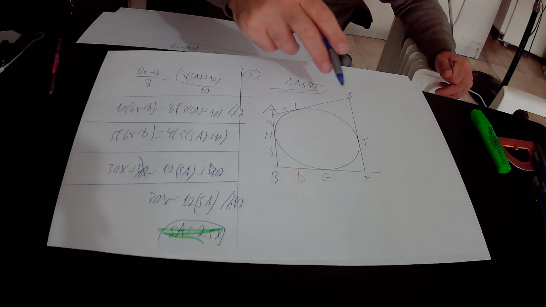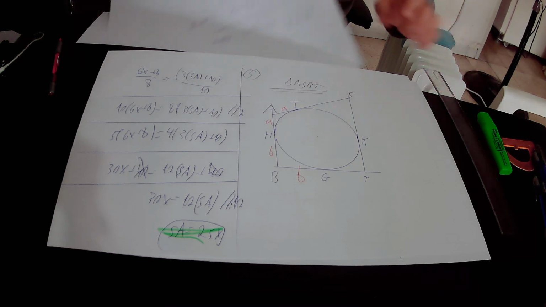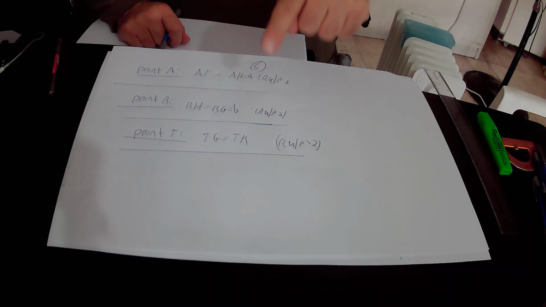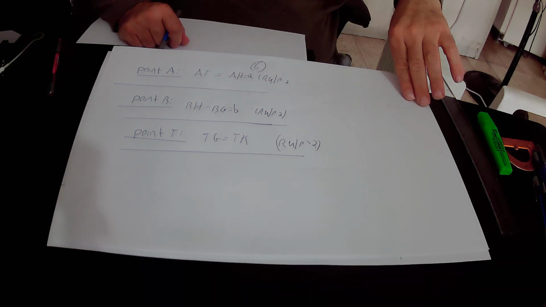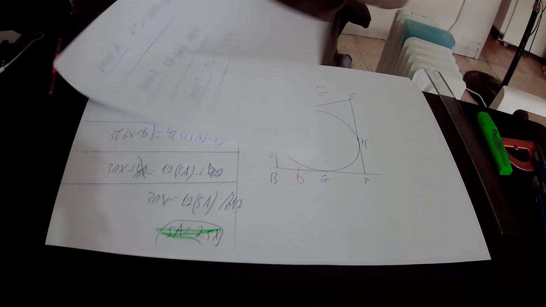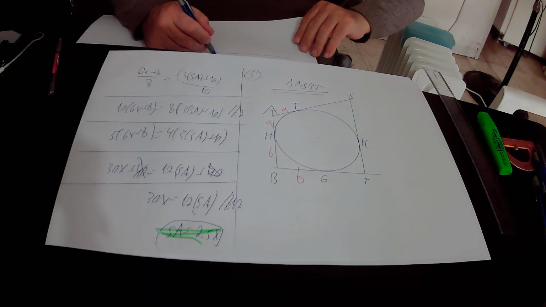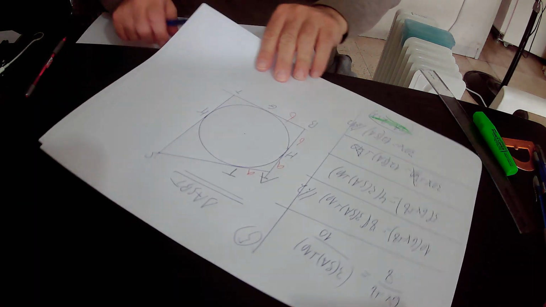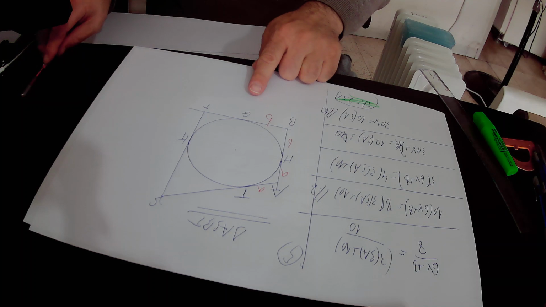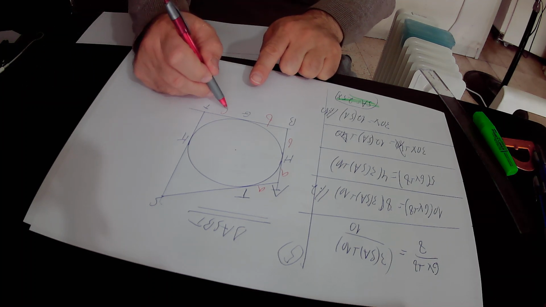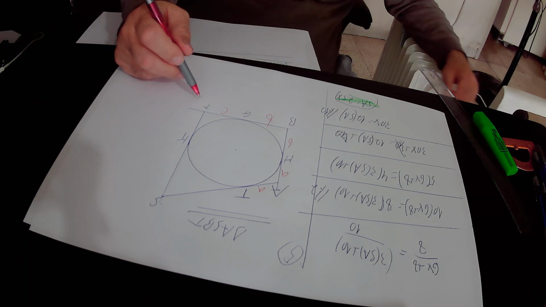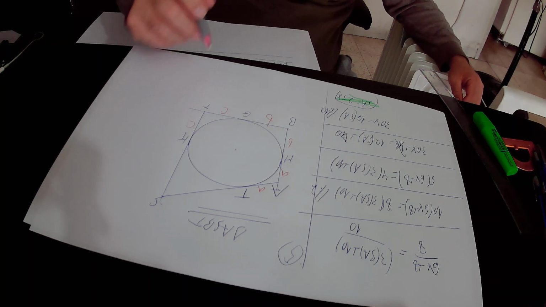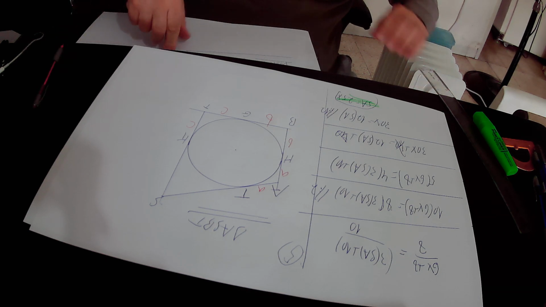According to rule 2, they are equal to each other. Again, TG equals TK according to rule 2. So if we define the length of this tangent TG as C, then the length of the other tangent TK must also be equal to C because they are equal to each other.